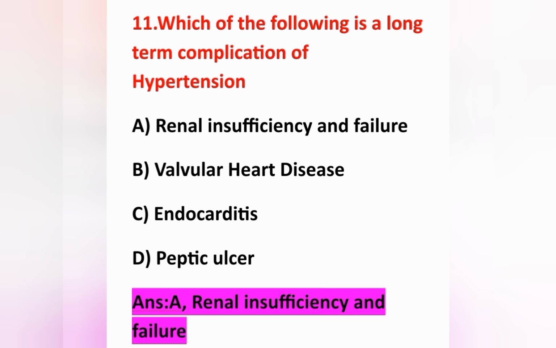The complications of uncontrolled hypertension include myocardial infarction, congestive heart failure, renal failure, stroke, and impaired vision. All are the complications of hypertension. Among these options, we can select renal insufficiency and failure.